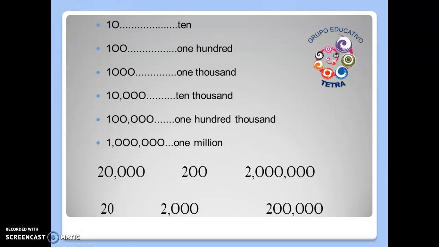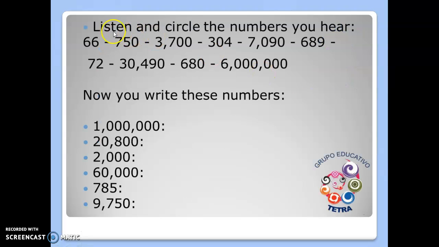Let's have some more practice. Listen and circle the numbers you hear.